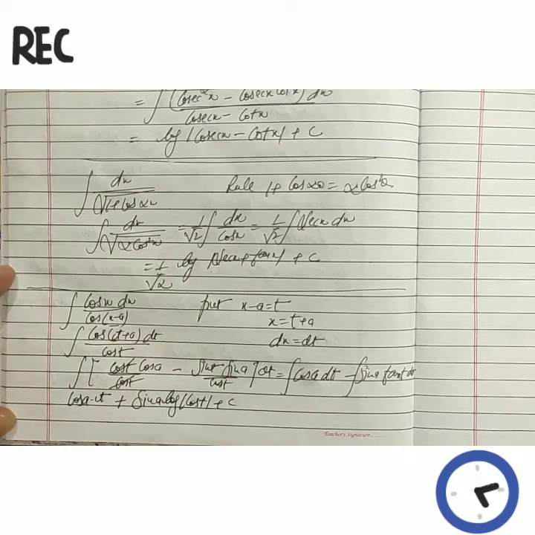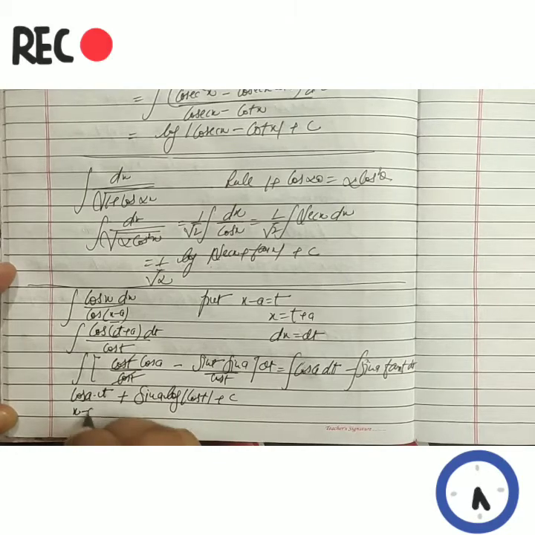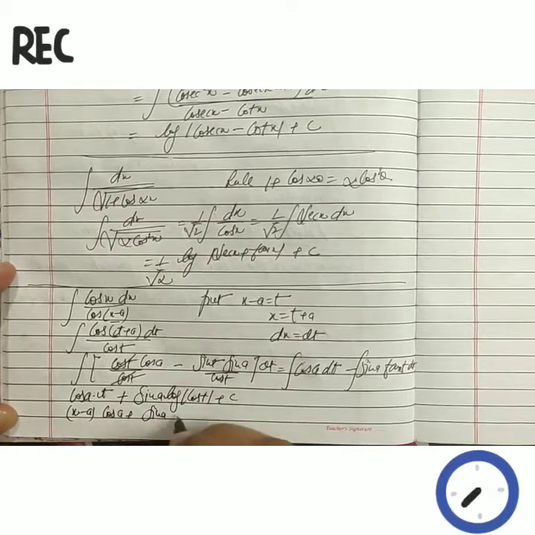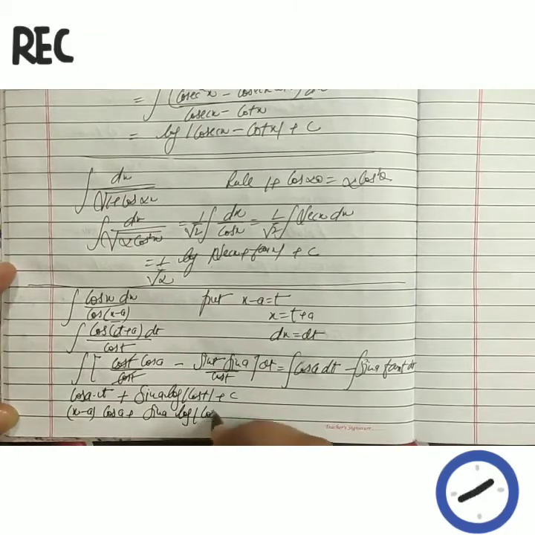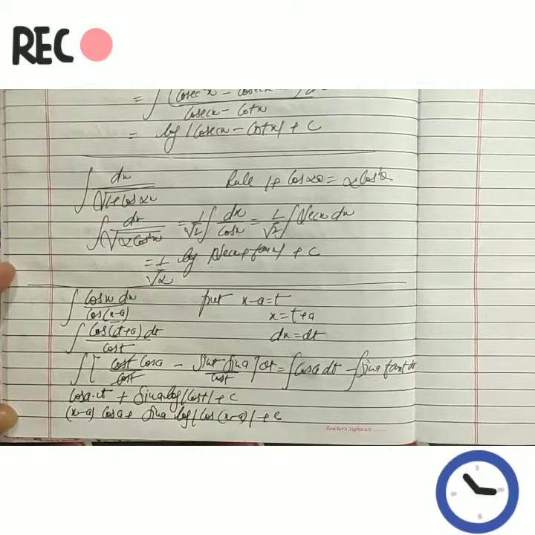Using the value of t, we earlier changed, t replaced by x minus a, so it becomes x minus a cos a plus sin a log of cos of x minus a plus c.